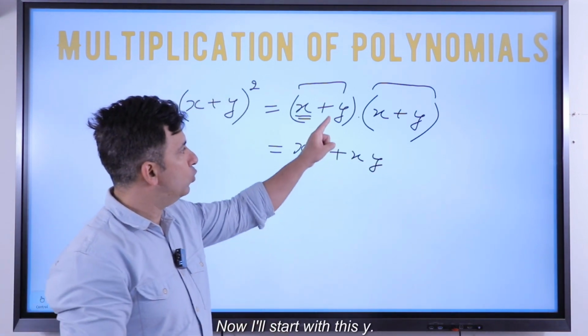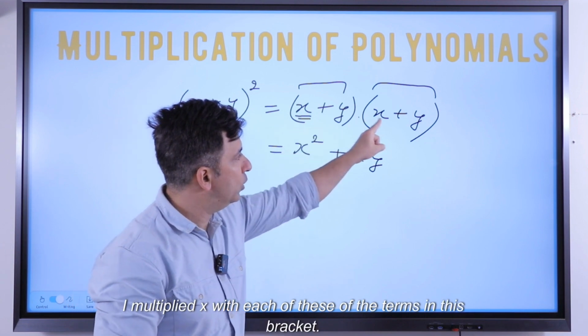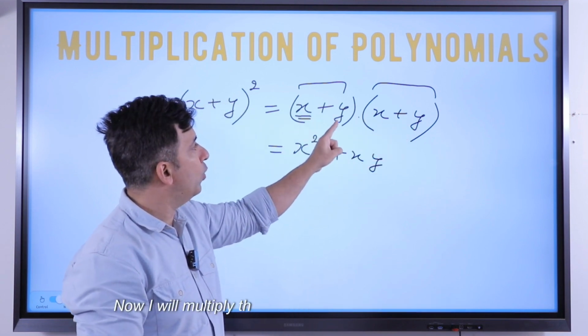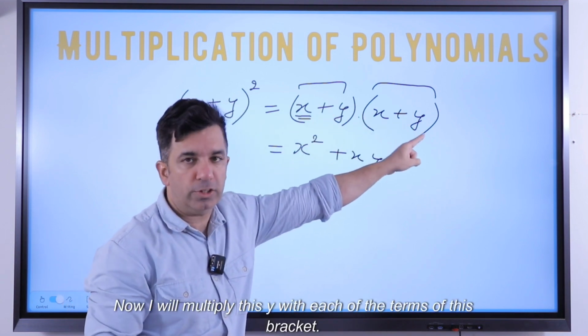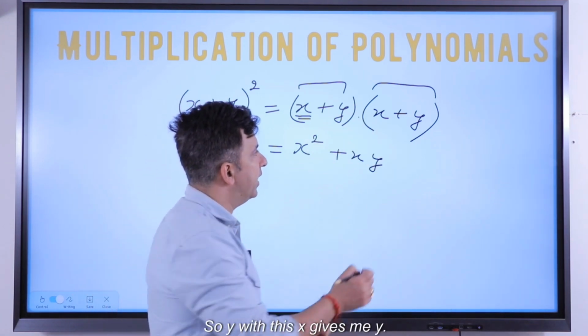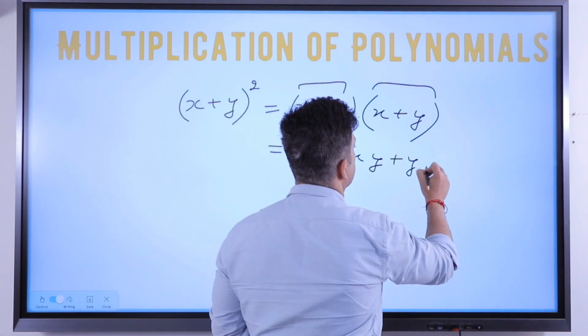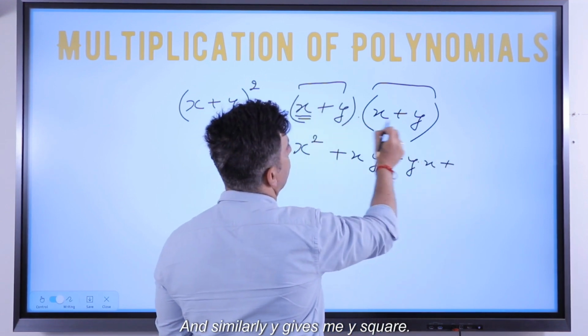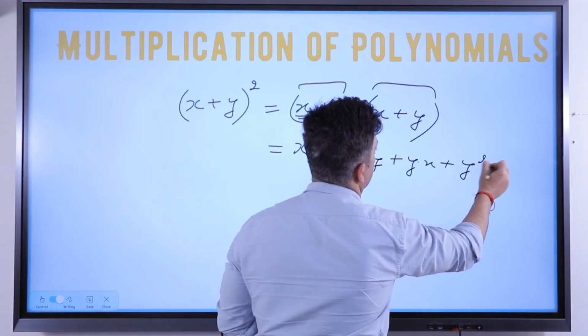Now I'll start with this y. I have multiplied x with each of the terms in this bracket. Now I'm going to multiply this y with each of the terms of this bracket. So y with this x gives me yx, and similarly y with y gives me y square.